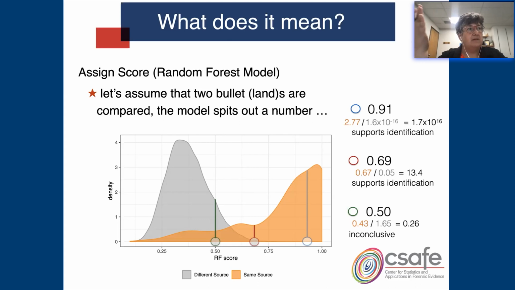And because that is a 1 in 4, so out of 4 comparisons that result in a score of 0.5, 1 comes from the same source while 3 come from different sources. So at that point, we don't have enough evidence to make a decision in either way. Does that make more sense?